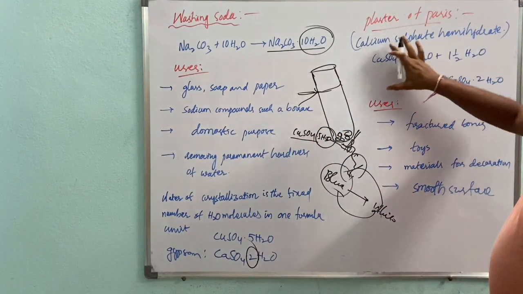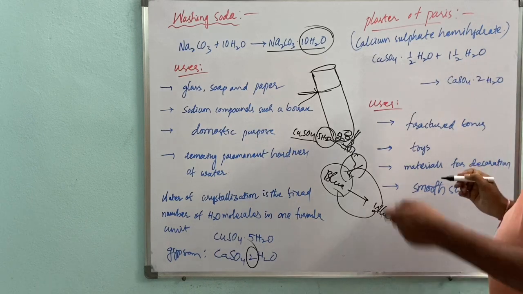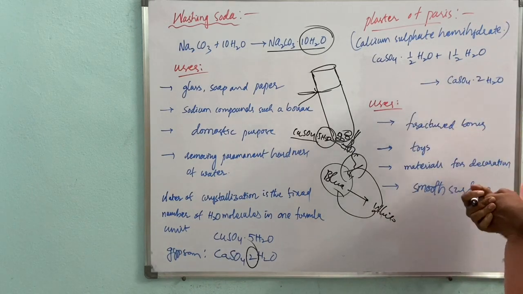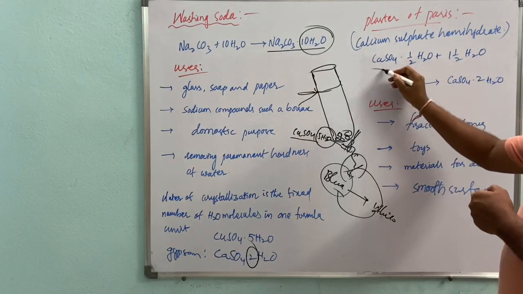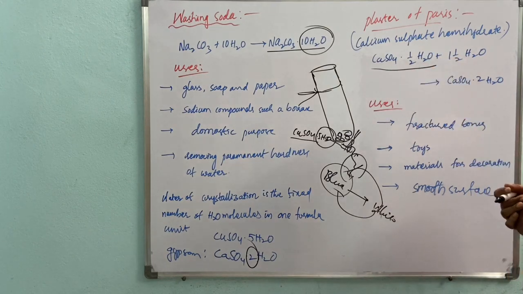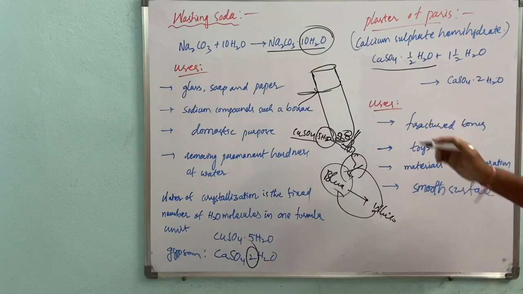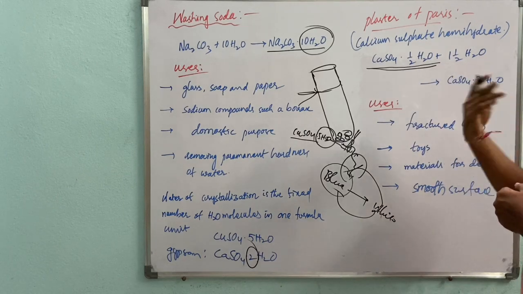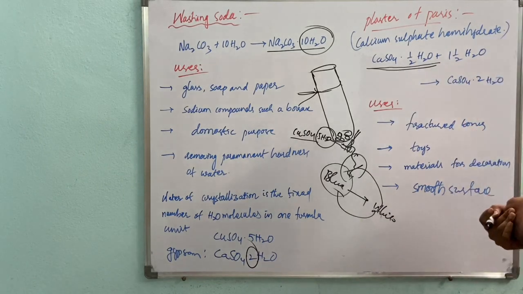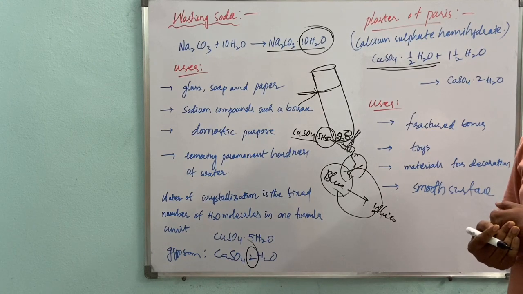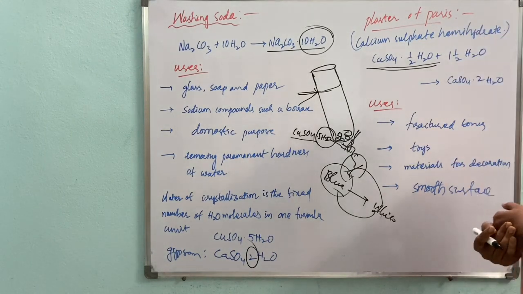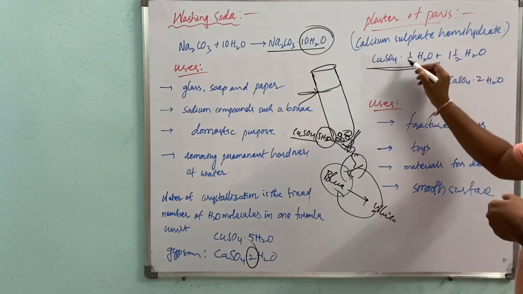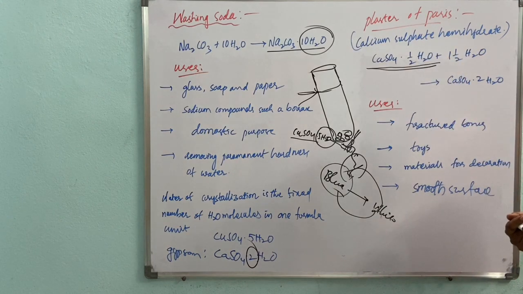Then the gypsum loses 1.5 water molecules, and it gives calcium sulfate hemihydrate. This calcium sulfate hemihydrate is what we generally call plaster of Paris. It contains half a water molecule.